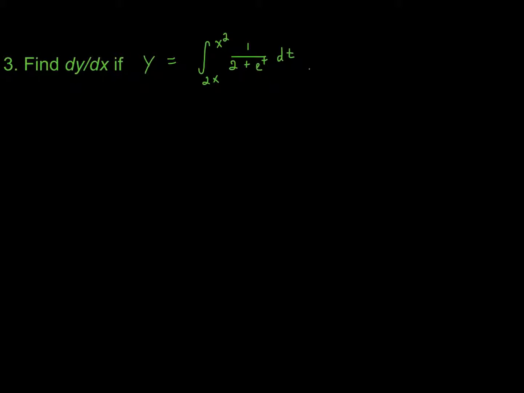And then notice that if I took the integral from 0 to x squared, that would encompass everything that I have here, plus a little bit more. The little bit more that I'd have here is the part from 0 to the lower limit. So I can subtract away 0 to 2x. Okay.